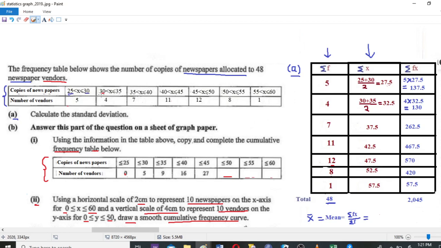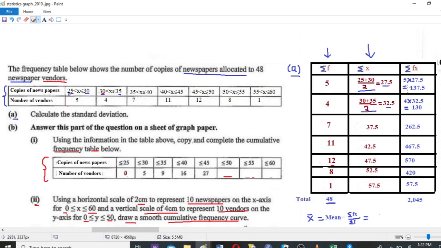Then the next one, 30 plus 35 divided by 2, and that's what you can see in the second column. For the first range, 25 plus 30 divided by 2 gives us 27.5. The second is 32.5 and so forth.